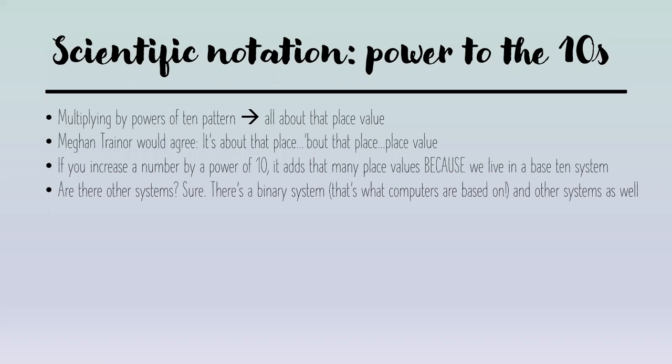There's other systems. Sure, the binary system is what computers are based on. There are base 12 systems. And one of the things you learn when you get into Algebra 2 and beyond is how to work in things that are not base 10 systems using something called logarithms.